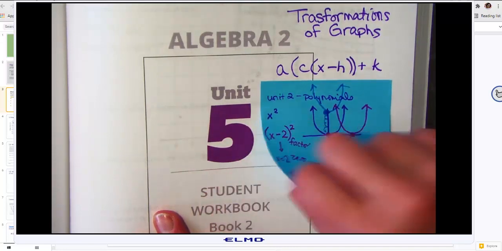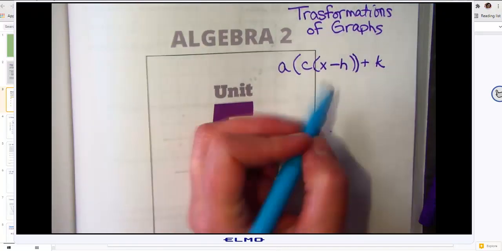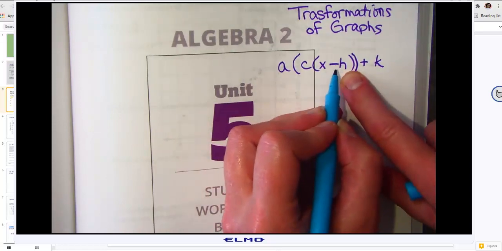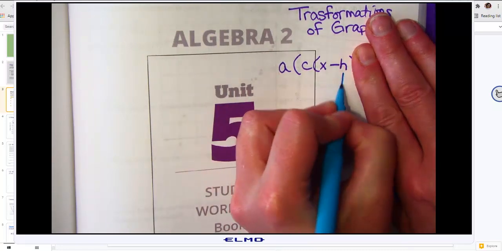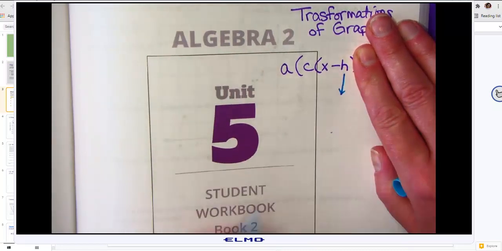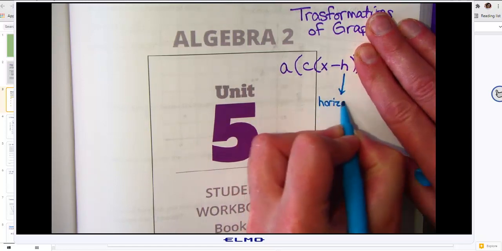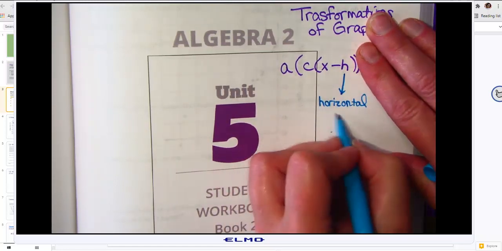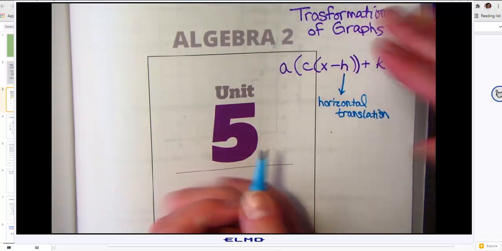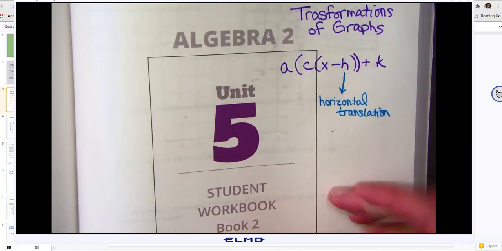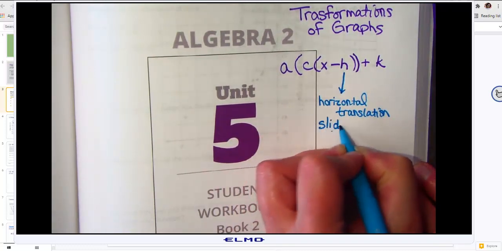So we have already looked at things like h and k. The stuff that was inside with the x, that h value, is a horizontal translation. It slides the graph left and right.